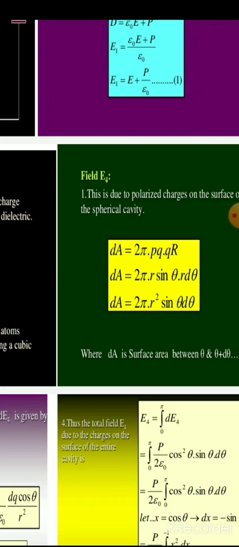And sin d theta equals QR by r, so QR means r d theta. So dA equals 2 pi PQ into QR, which is 2 pi into r sin theta into r d theta. That is 2 pi r squared sin theta d theta. Sin d theta is very small, so it is taken as d theta.